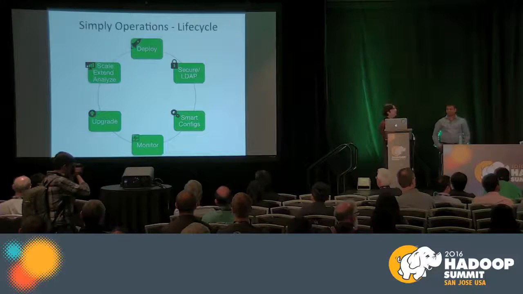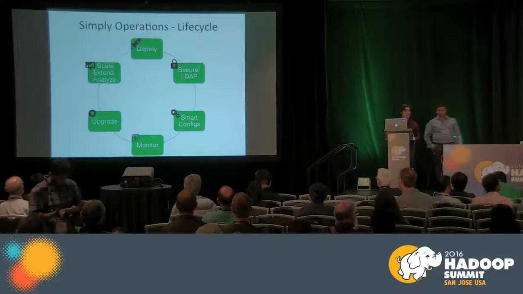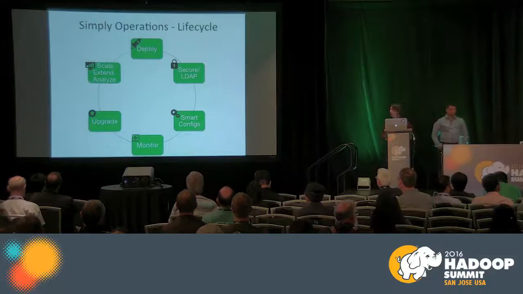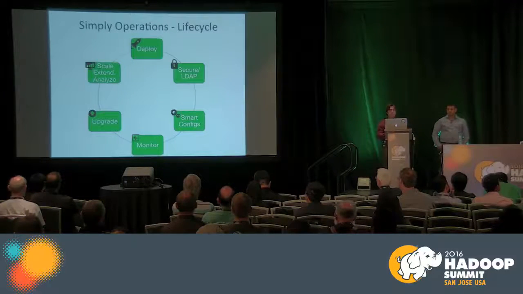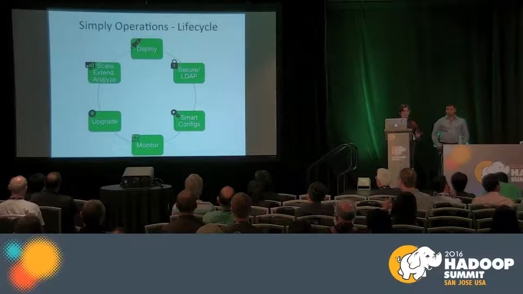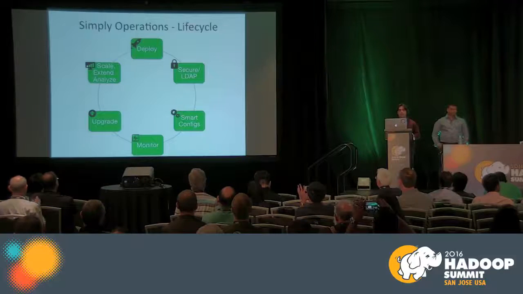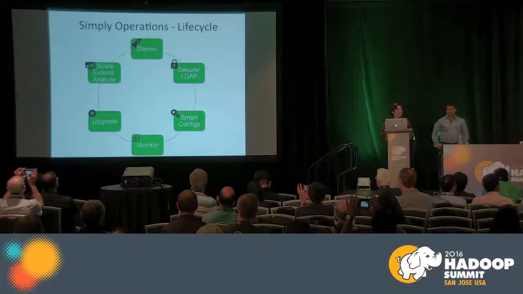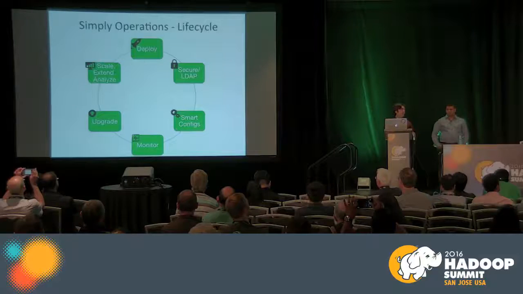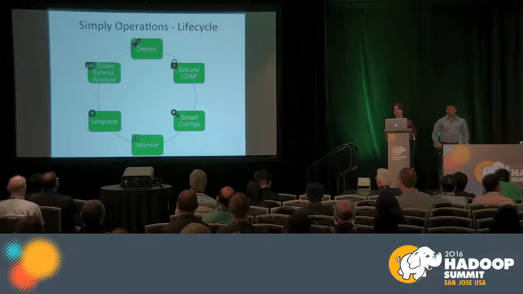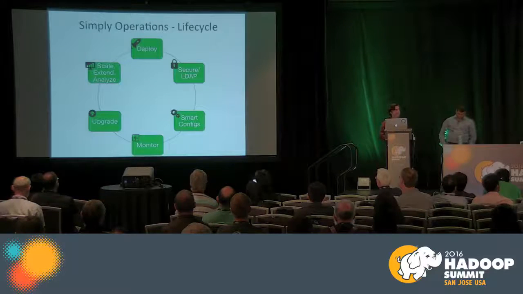The whole point of Ambari is really to manage the entire lifecycle of your cluster. Starting with deployment, the very next thing that customers want to do is secure the cluster and have LDAP sync already configured. One of the major headaches of having a large Hadoop cluster is having to tweak every single config. There's literally thousands of knobs.